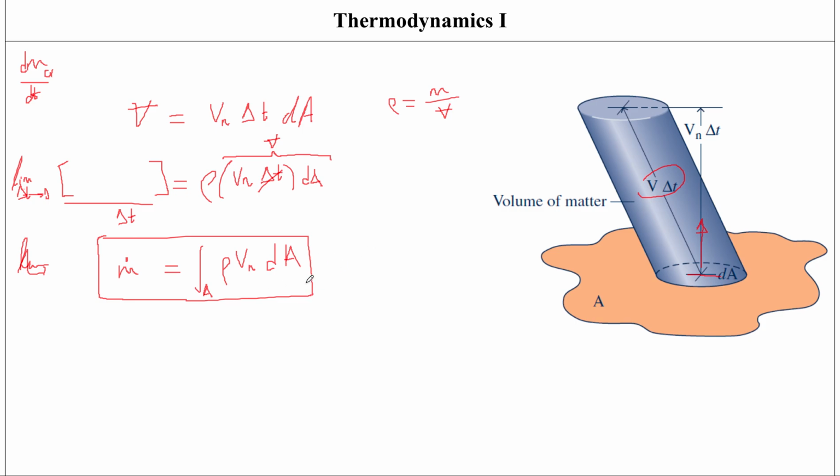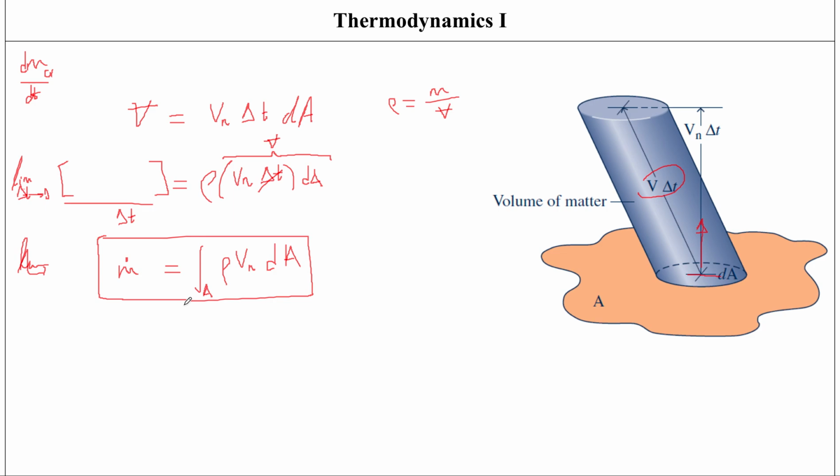But the thing is that this equation over here is a bit complex, and we need to simplify this equation in order for us to apply it onto some kind of problem that we consider. So the way that we do it is just remember this equation over here, m dot is equal to rho v n, v subscript n, which is velocity, into dA, and integral over the entire thing.